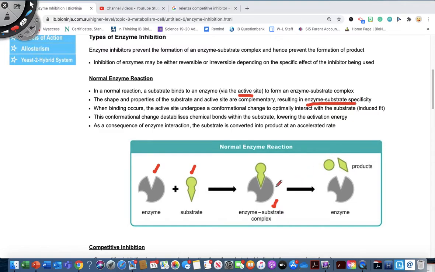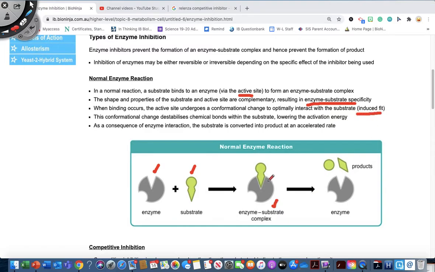And we know that when the binding occurs, there is a conformational change of the active site, allowing the substrate to fit in, right? And remember the example that I gave you is like trying to squeeze into a shoe that's not quite your size, right? That's too small. So that's what we call an induced fit.